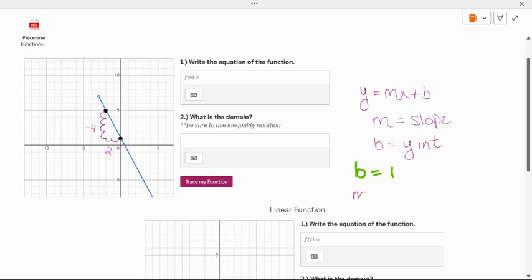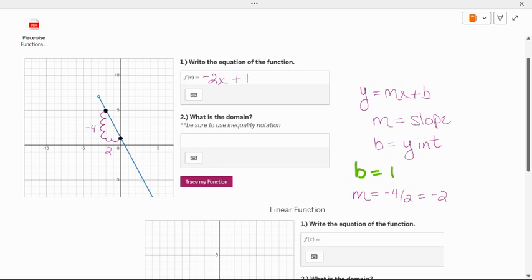So my slope is -4/2, which means my slope is -2. So the equation for this function is f of x, which is the same thing as y, equals my slope, -2, times x plus my y-intercept, which is 1.